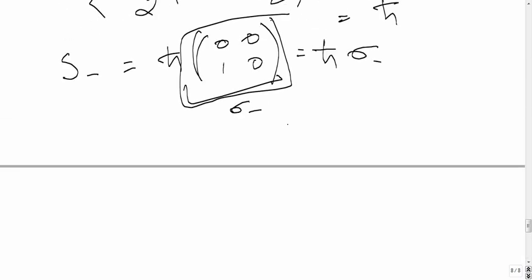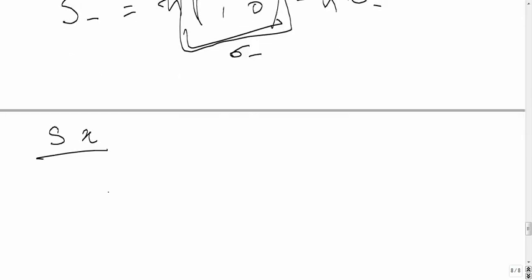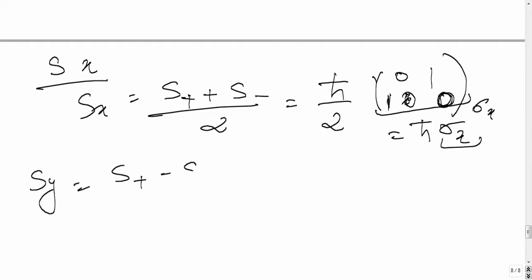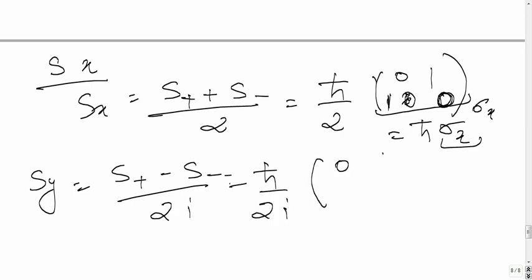We can now obtain the matrix for S_x by simply substituting the matrices for S plus and S minus in this expression which I have written earlier. This special matrix is denoted by sigma x. And S_y was written like this: S plus minus S minus over 2i, and this is equal to ħ/2i times 0 1, minus 1 0.